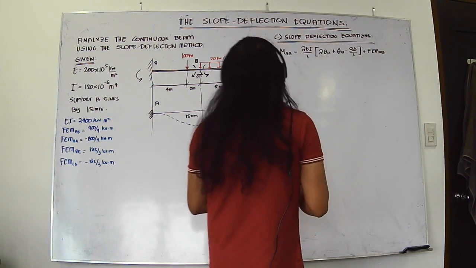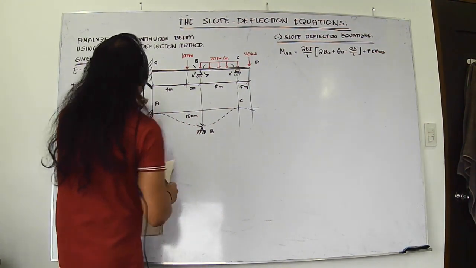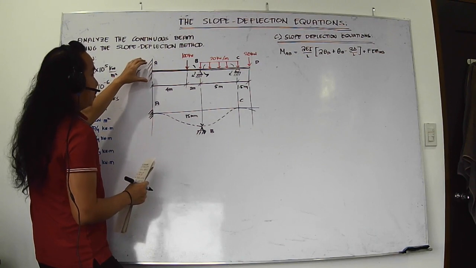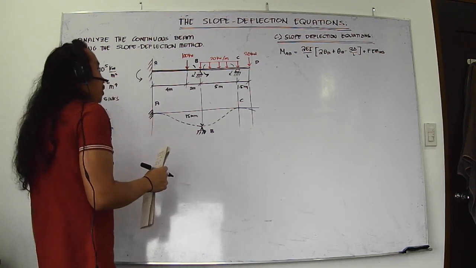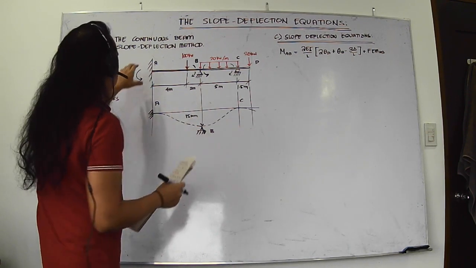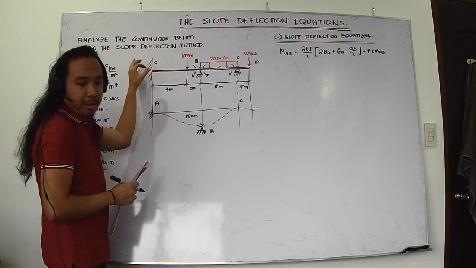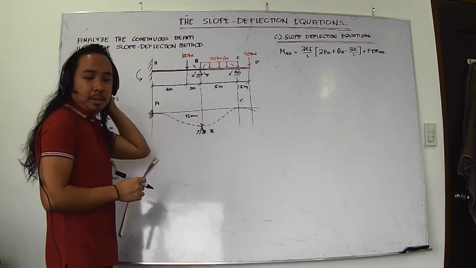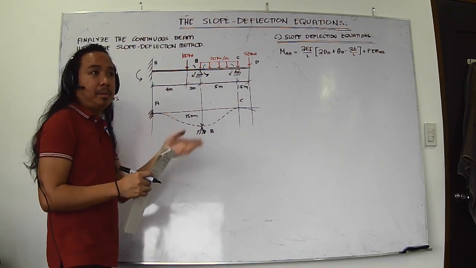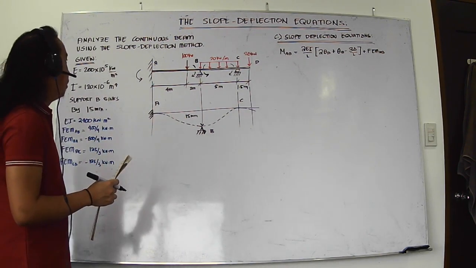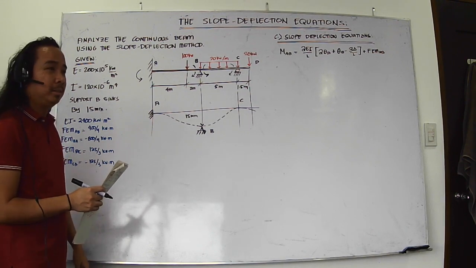You have to keep in mind that at this point there is no rotation at A. We're dealing with a fixed end. Unless of course partial rotation is allowed, but that is not specified in the problem, along with the 15 mm deflection, right?